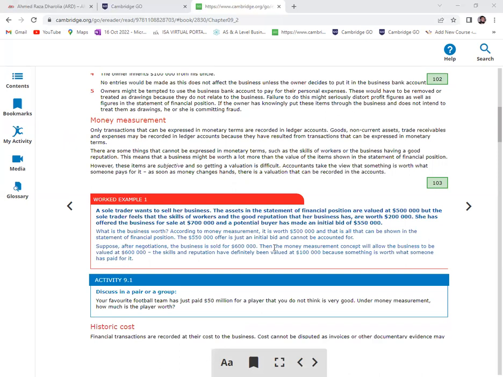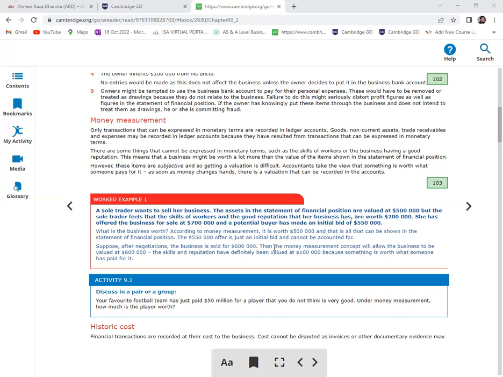Accounting will be only for those transactions which are monetary in nature. Non-monetary items we are not going to deal with while doing accounting.